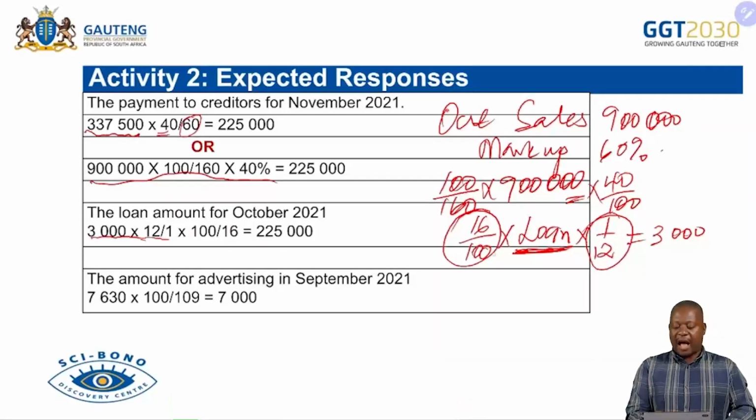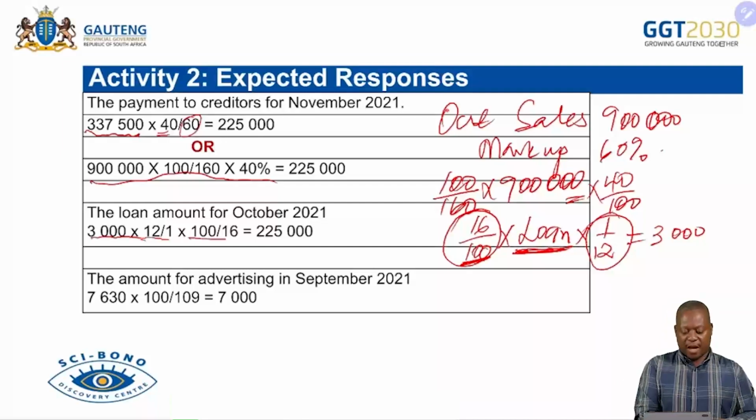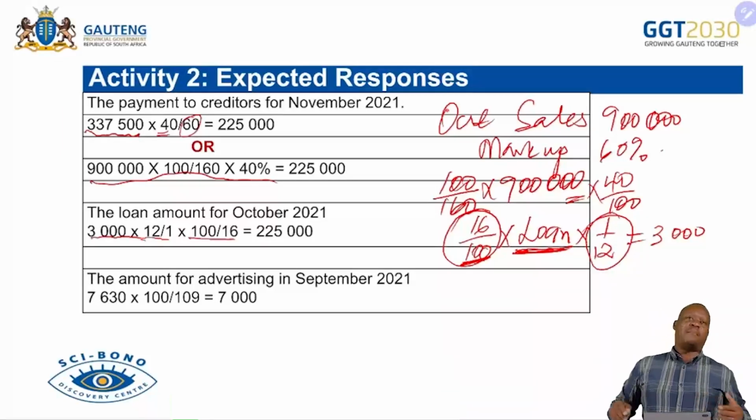And then our 16 over 100 also somersaults as it crosses the equal sign, so it becomes 100 over 16. When you do this, it gives you the loan amount of 225,000.